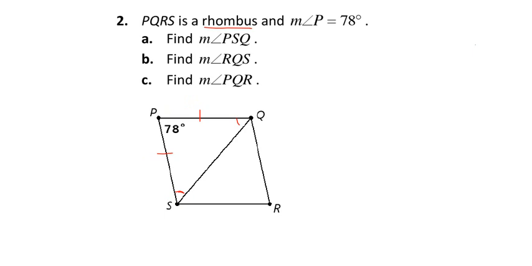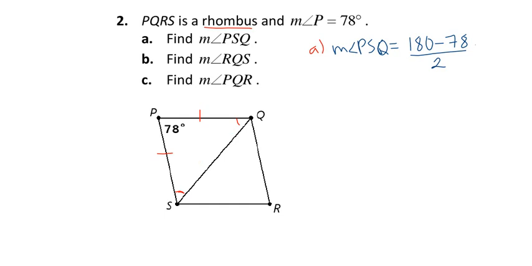So the measure of angle PSQ would be equal to 180, which is the sum of the three interior angles of a triangle, minus 78, and then we will need to divide by 2 because we have two equal angles here.